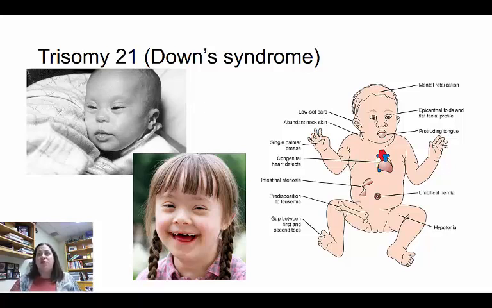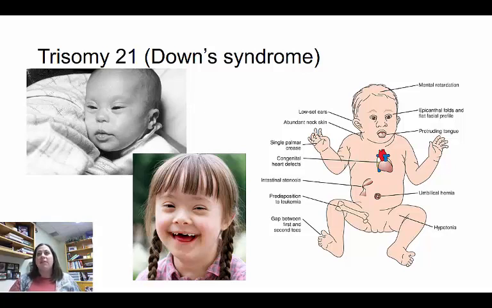Children tend to have a protruding tongue, low set ears, so their ears are a little lower. In the eyes, they can have what we call epicanthal folds. They tend to have poor muscle tone, a shorter stature, congenital heart defects or deformities, increased susceptibility to respiratory issues, and we do see that this increase of Down syndrome is related to advanced maternal age.